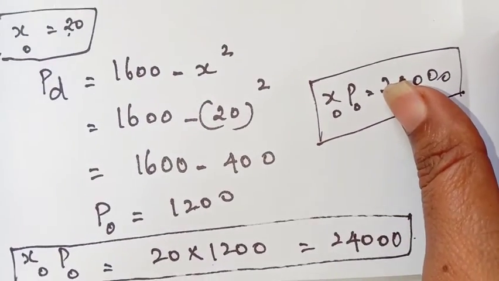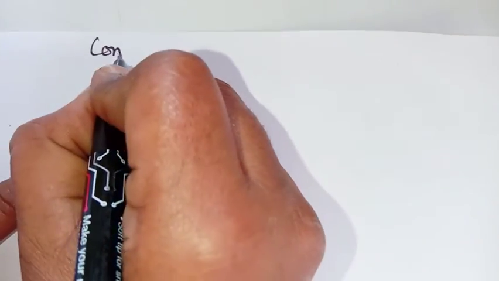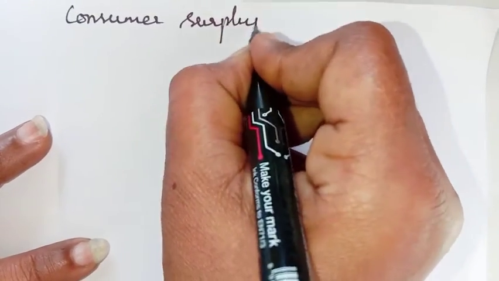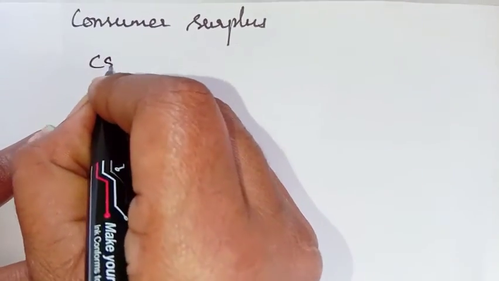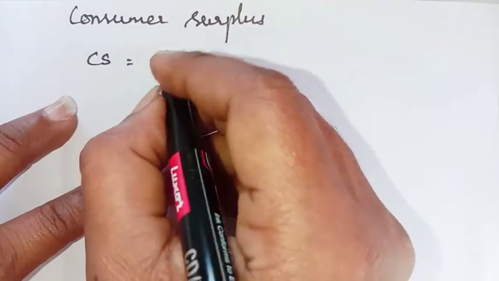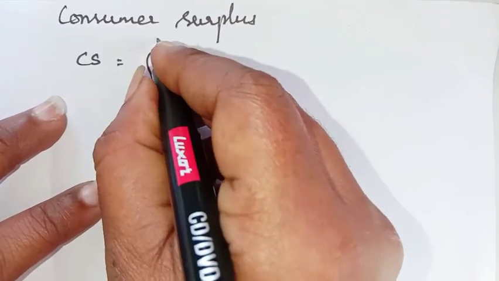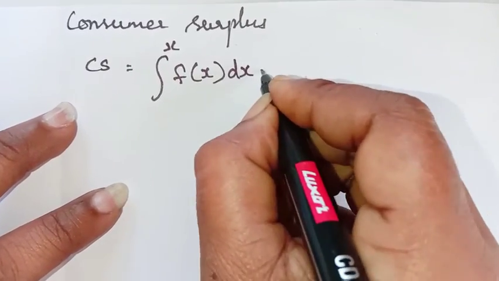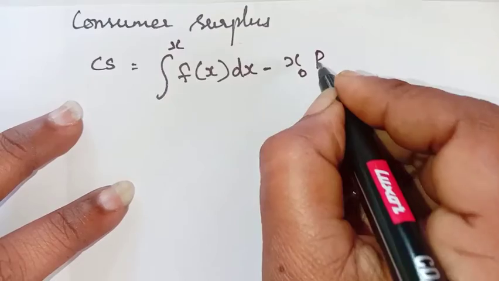Now, according to the formula, the consumer surplus formula: CS, consumer surplus, and then producer surplus. First consumer surplus, CS is equal to the integral of f of x dx from 0 to x0, minus x0 P0.